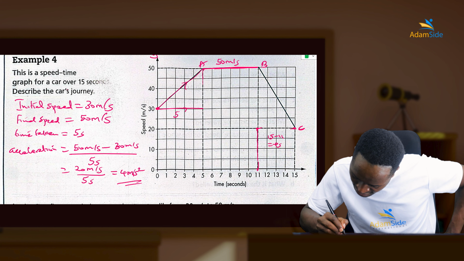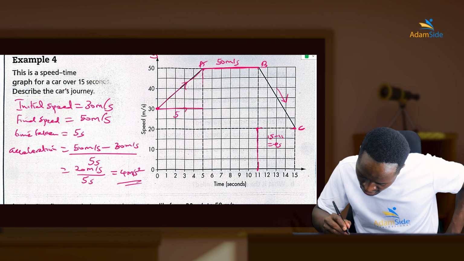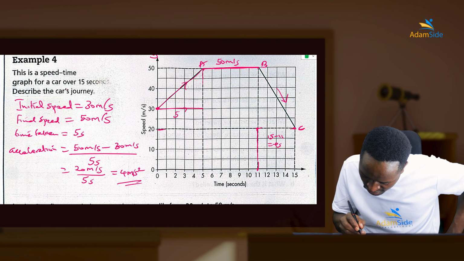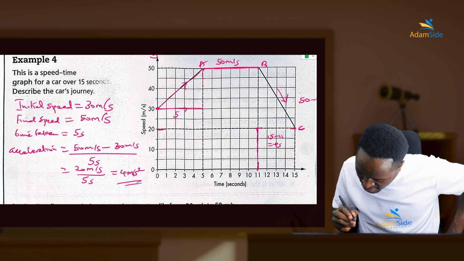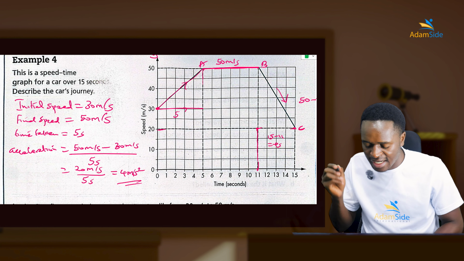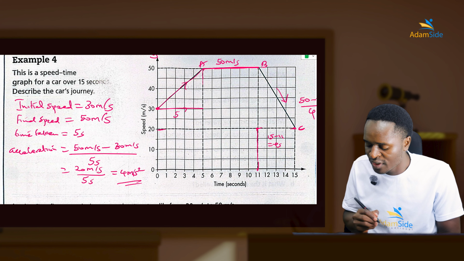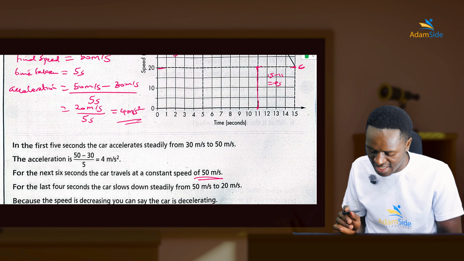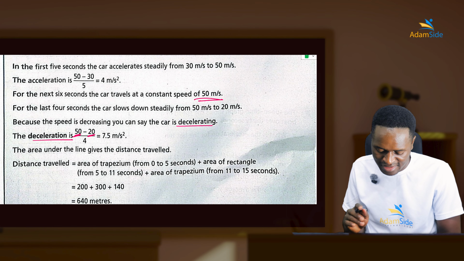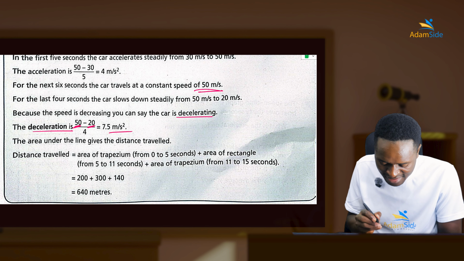And for the car to reduce its speed, the change in speed is 50 minus 20. So 50 take away 20, divided by 4. 30 divided by 4. Then you get your answer as 7.5 meters per second squared.